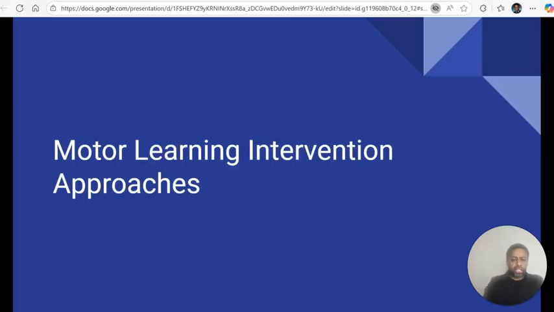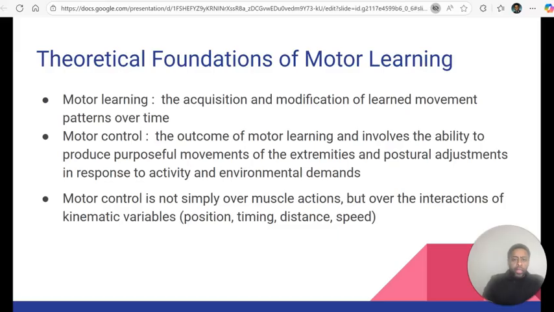Now we're going to transition into motor learning. Now, motor learning is essential. The reason why it is essential is because of what it is. It is the acquisition and modification of learned movement that occurs across time. And essentially the outcome of this is the production of purposeful movement in all extremities, as well as postural adjustments to specific activity demand, right?